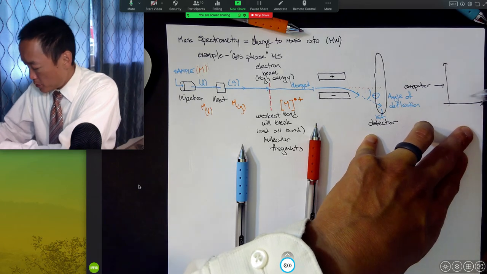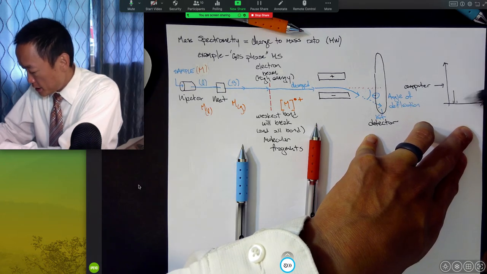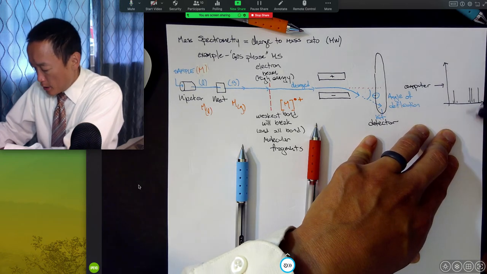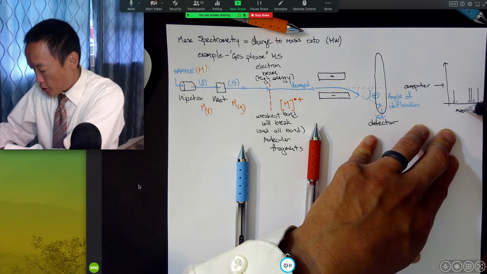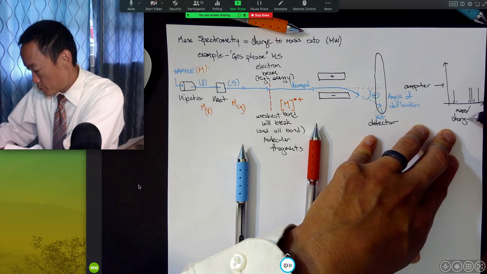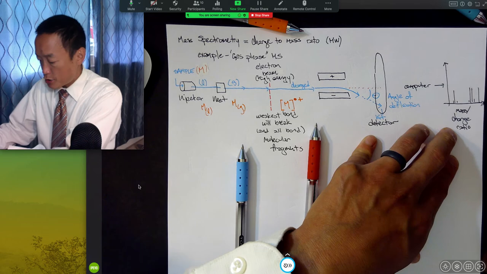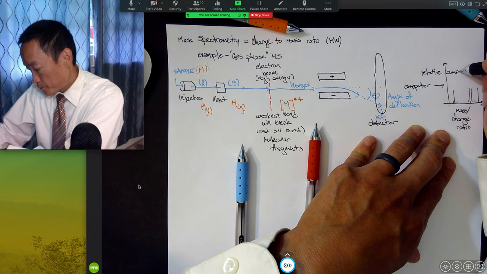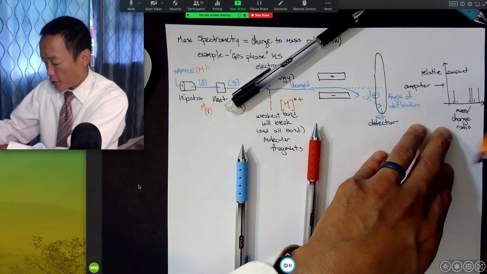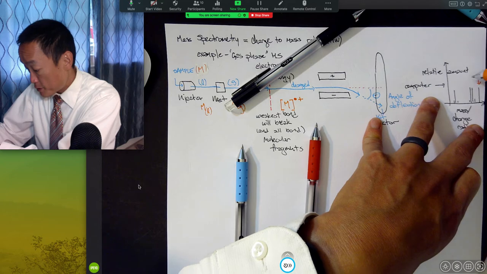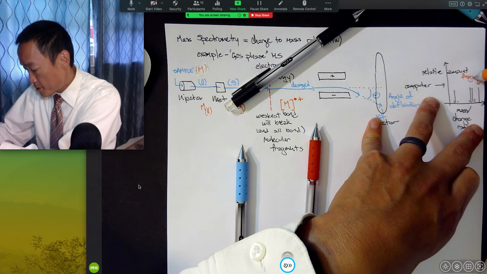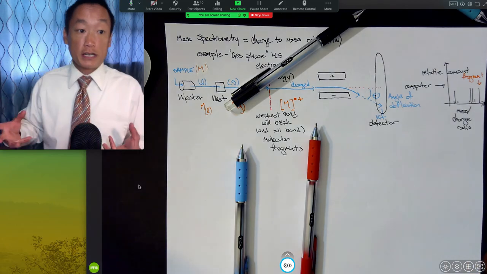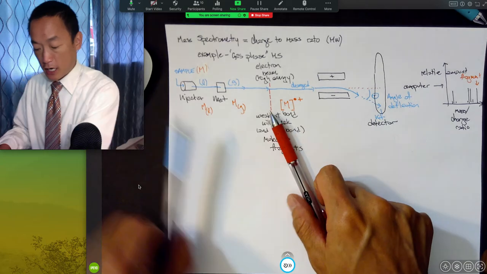and out of that comes our mass spectrum, where we start to see peaks with respect to its mass to charge ratio and the relative amount. And so each and every single one of these peaks represents a fragment of our molecule that has exploded when it hit this electron beam.